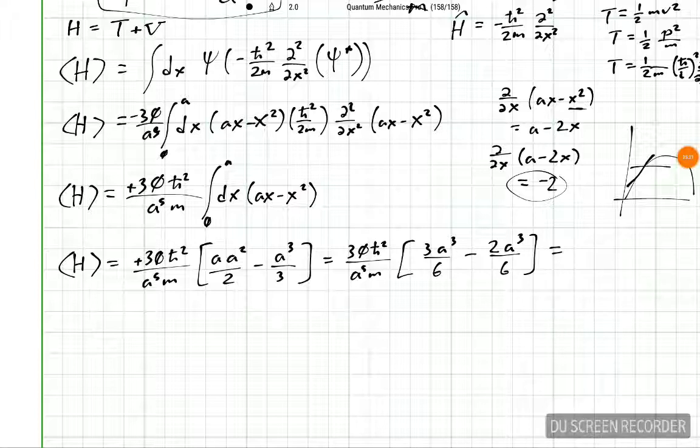Our a's cancel a little bit, so we get 30 h bar squared. 3 of those a's canceled, so that's over a squared m, and then that's 1/6. 30 divided by 6 is 5.